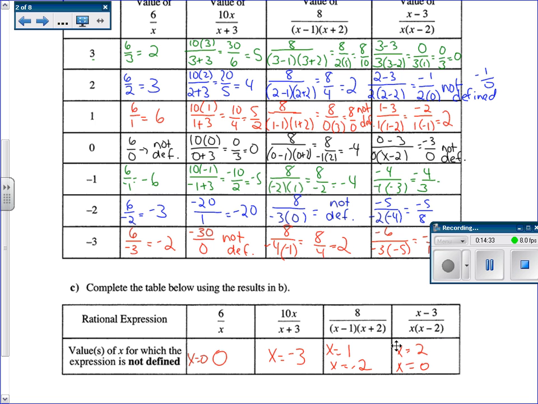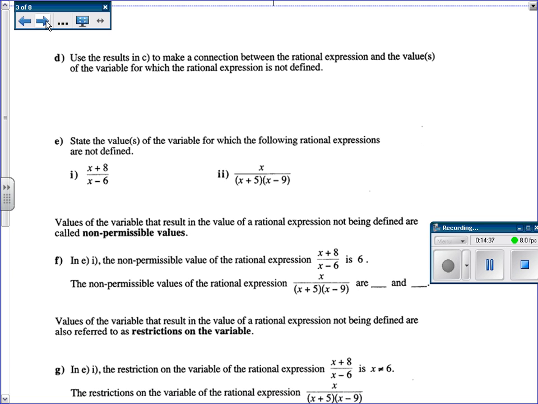So just on the top of the next page, and I'll flip back to this page here too, but it says use the results in C to make a connection between the rational expression and the values of the variable for which the rational expression is not defined. Okay? So there's 2 things going on here. It's not defined for values that make the denominator equal to 0.